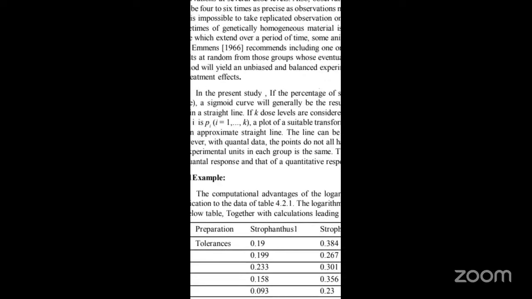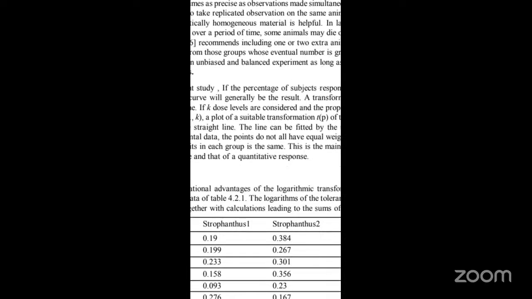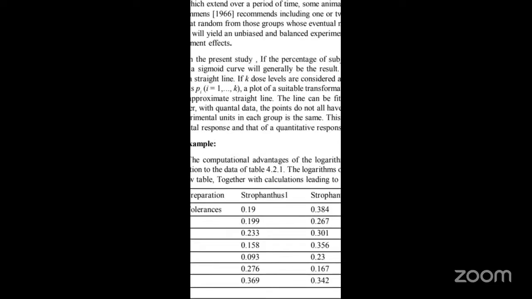The line can be fitted by the usual least squares method. However, with quantal data, the points do not all have equal weights, even though the number of experimental units in each group is the same. This is the main difference between the case of quantal response and that of a quantitative response.